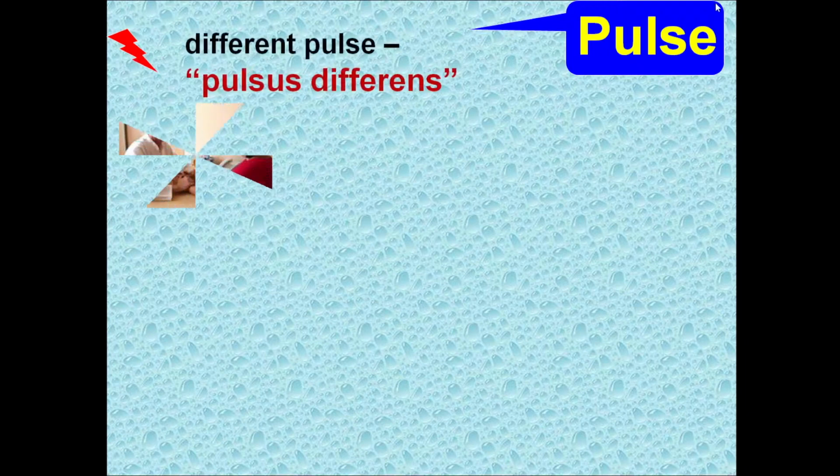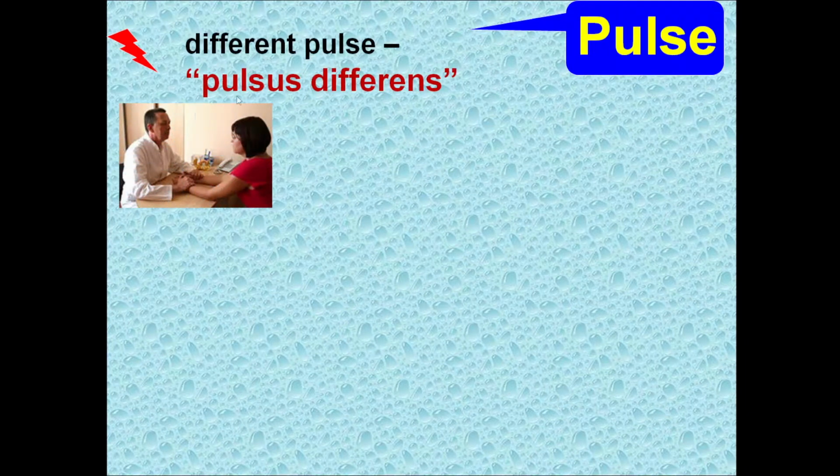Arterial pulse also has specific characteristics, and first of all we can reveal pulse difference. If you remember, we start examination of pulse from its symmetry, and the pulse will be asymmetric.